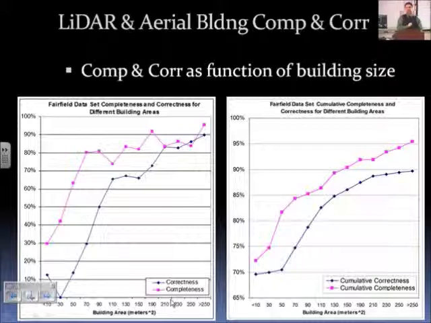Rottensteiner's was a little bit better because when it came to the smaller buildings, he was able to extract and use features from the aerial imagery to distinguish the smaller entities as whether or not they were vegetation. So when you're running into those smaller areas, it's like, this guy is pretty small, he's probably vegetation, but oh no, he could be a shed. And if you have the multispectral aerial imagery, you can pull a greenness index from that.